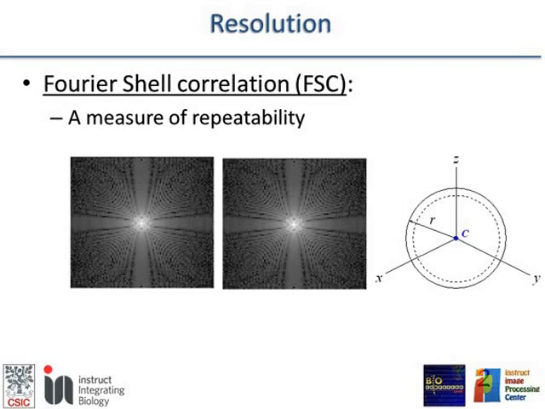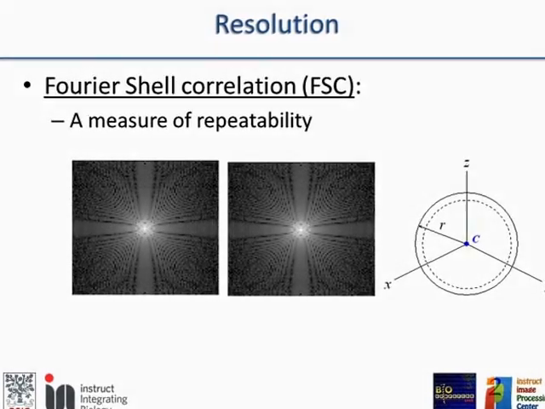So the more they correlate, the more you trust your 3D reconstruction. And in fact, this is a measure of repeatability. Let's say that your algorithm gives a complete crack, but always the same crack. So the two volumes would be very much comparable. Okay? So this is in fact repeatability, not resolution.